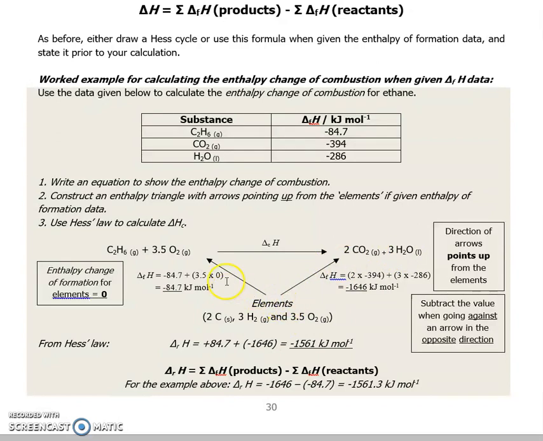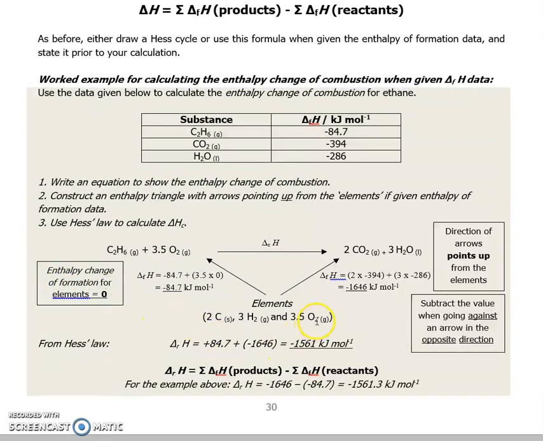What you can see here from the table of data given for this enthalpy of formation data is we've got the enthalpy of formation for ethane, for carbon dioxide, and for water. There is no enthalpy of formation for oxygen, and this is because the enthalpy of formation for elements is defined as 0 kilojoules per mole.